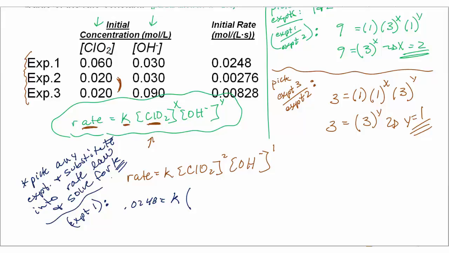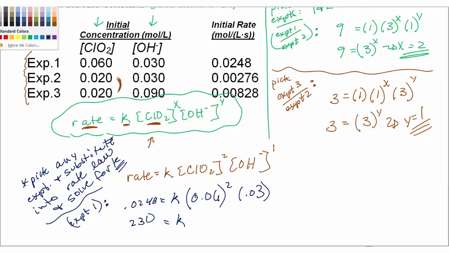0.0248 equals K times the concentration of chlorine dioxide raised to the 2 power. So that's 0.06 squared. Hydroxide raised to the 1 power, 0.03. So find K. So I'll have 0.0248 divided by 0.06 squared divided by 0.03, about 230. Okay. So now I can finally write my final answer.